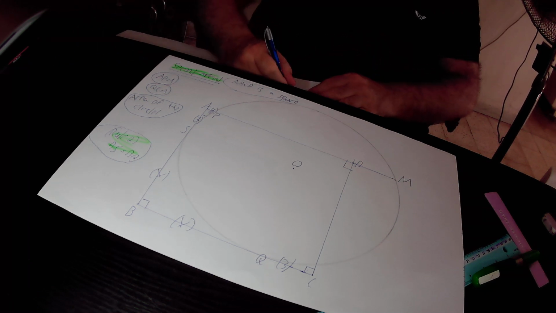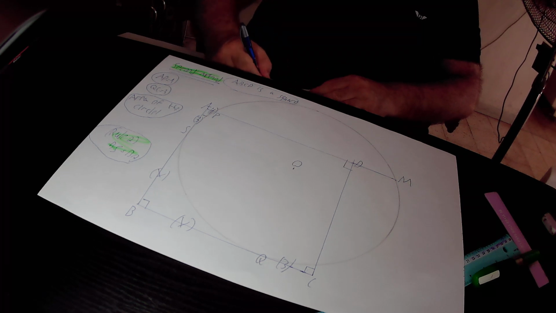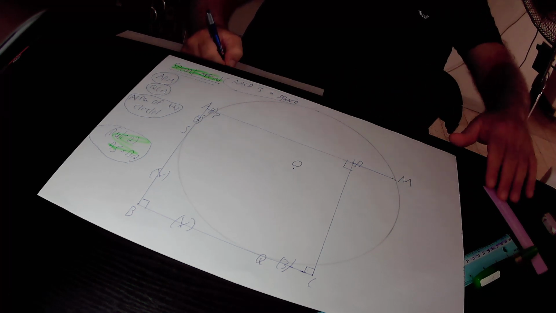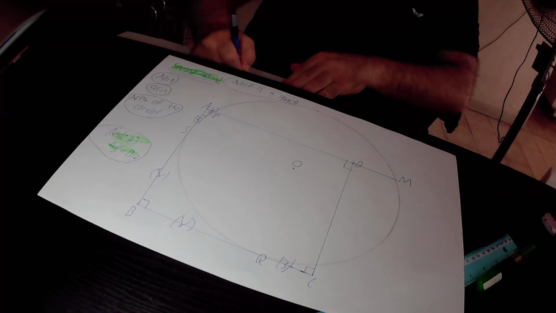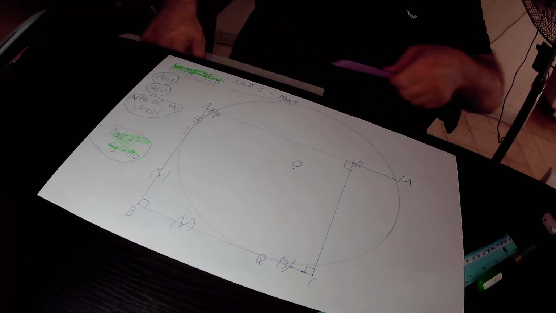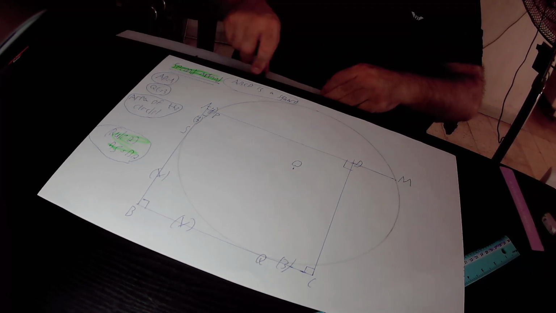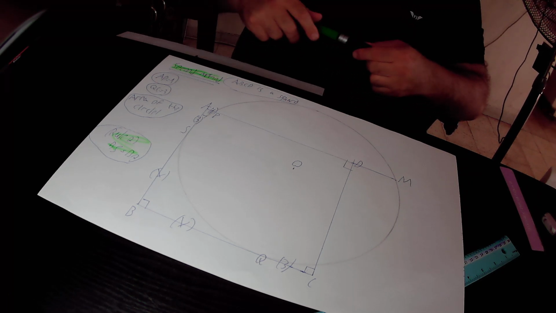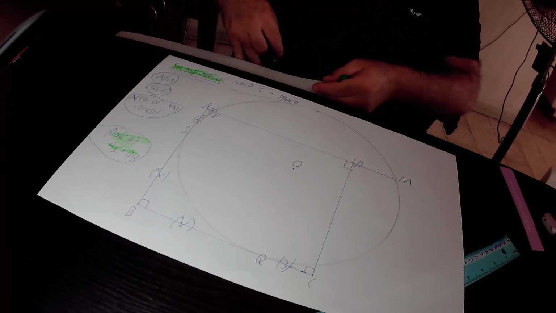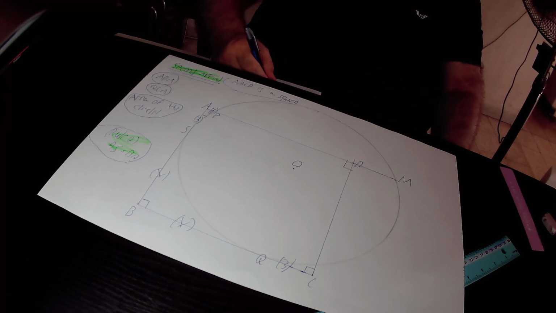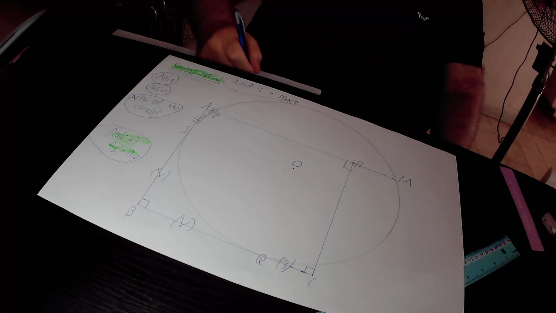According to rule 10, if you focus on the common external point A, the following equation will be true: AS square equals AP times AM.